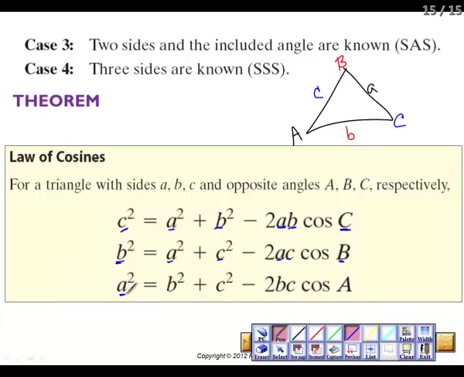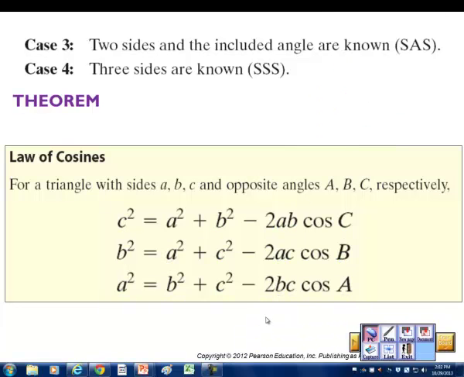And the same thing with the third one, side a, angle a, so that would make this b squared and c squared minus 2 times b and c. Really, as long as you know the first one, the others just follow the same pattern as the first equation.